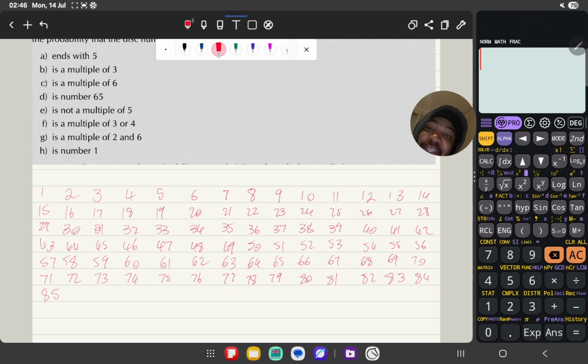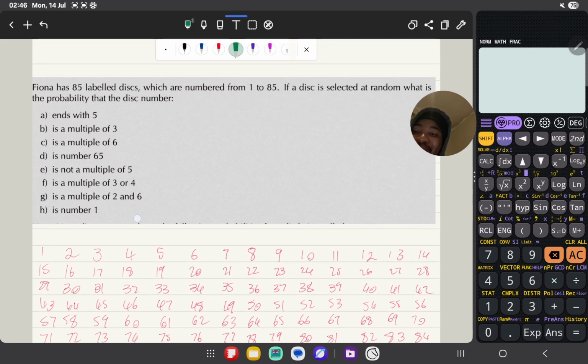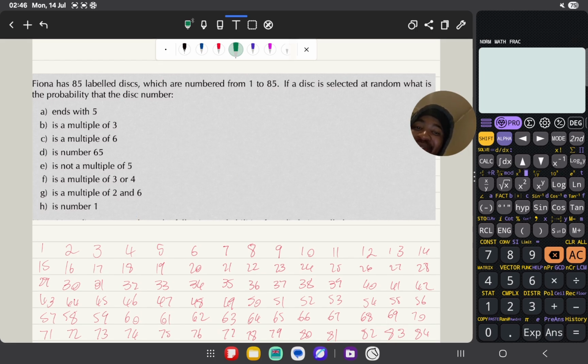So I have written down all the numbers 1 up until 85, né? And let's try to answer this question. Of course, n(S) is going to be 85.